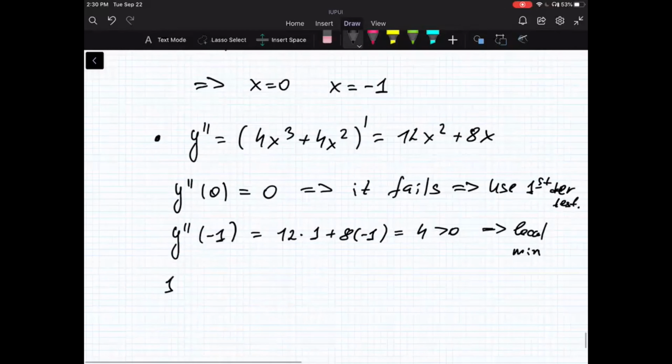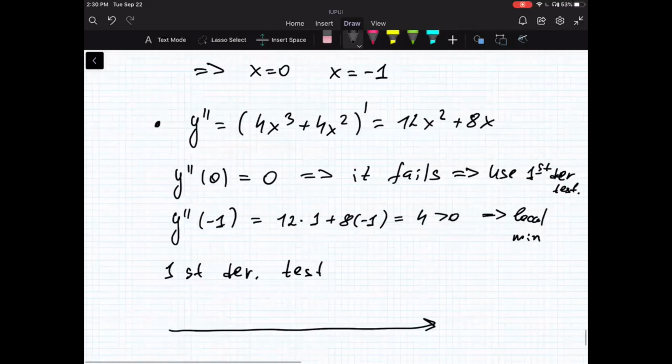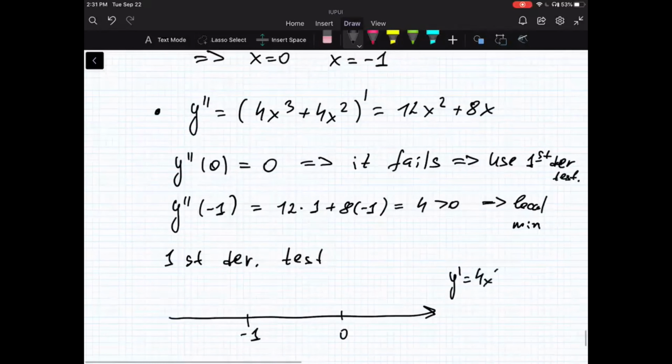So, first derivative test. I need to put all my zeros on the line. My zeros are minus 1 and 0, and my first derivative is 4x cubed plus 4x squared.